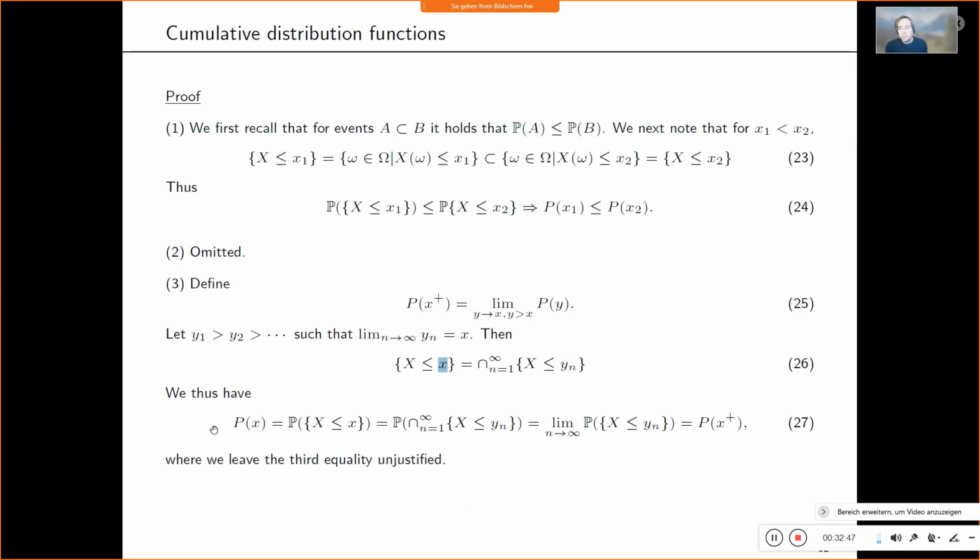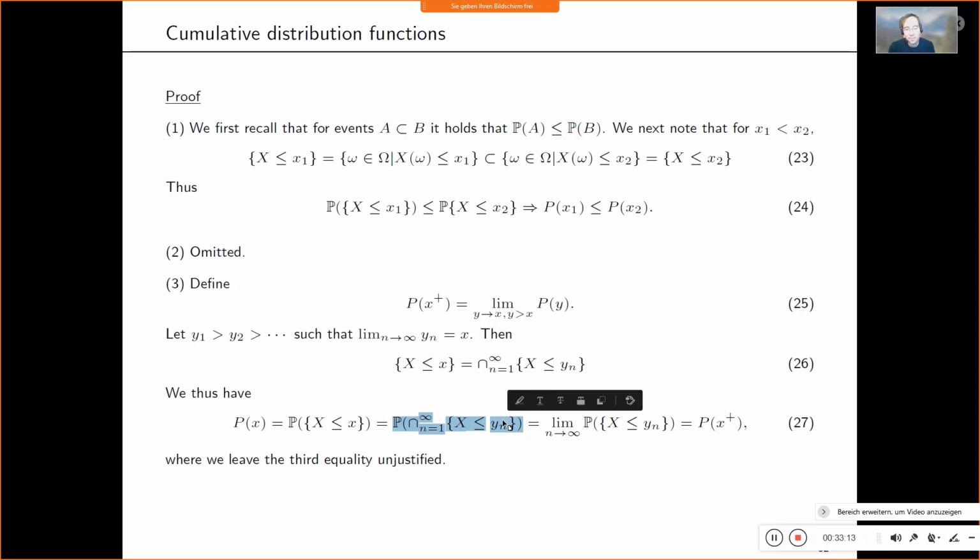And then if you think about the CDF value as the probability of the event that the random variable takes on a value smaller or equal to x, this then, of course, if these two are equal, corresponds to the probability of this infinite intersection.